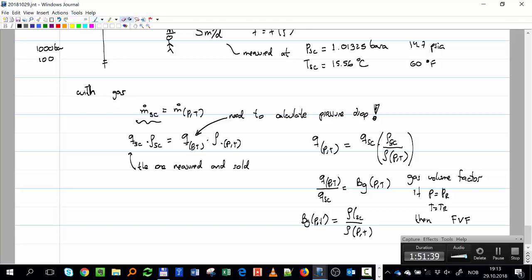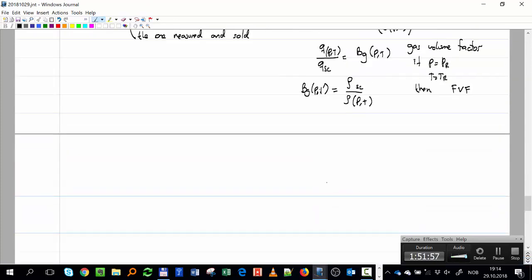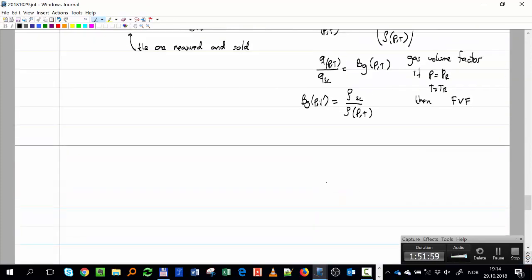You have to sometimes make sure that I'm not making any mistakes. So how can I express that density?